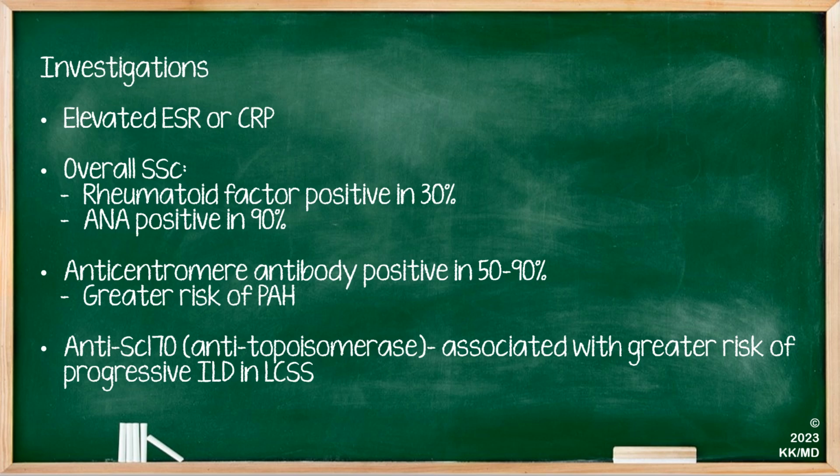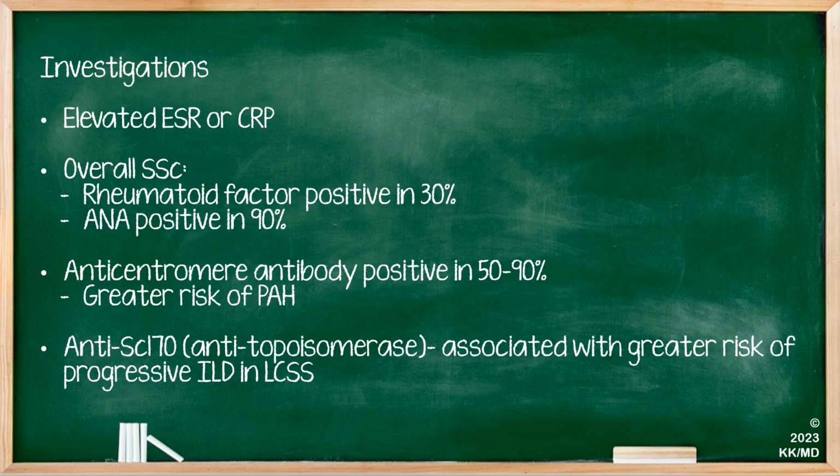When investigating a patient in whom you suspect systemic sclerosis, it's important to do the usual blood tests that you would do when you're suspecting any connective tissue disease in someone. Looking at the more basic blood tests, you would of course do a full blood count, renal function, particularly important in people with systemic sclerosis, and liver function tests, particularly if you want to think about starting a new drug. Looking at their inflammatory markers, their ESR and CRP may be elevated.